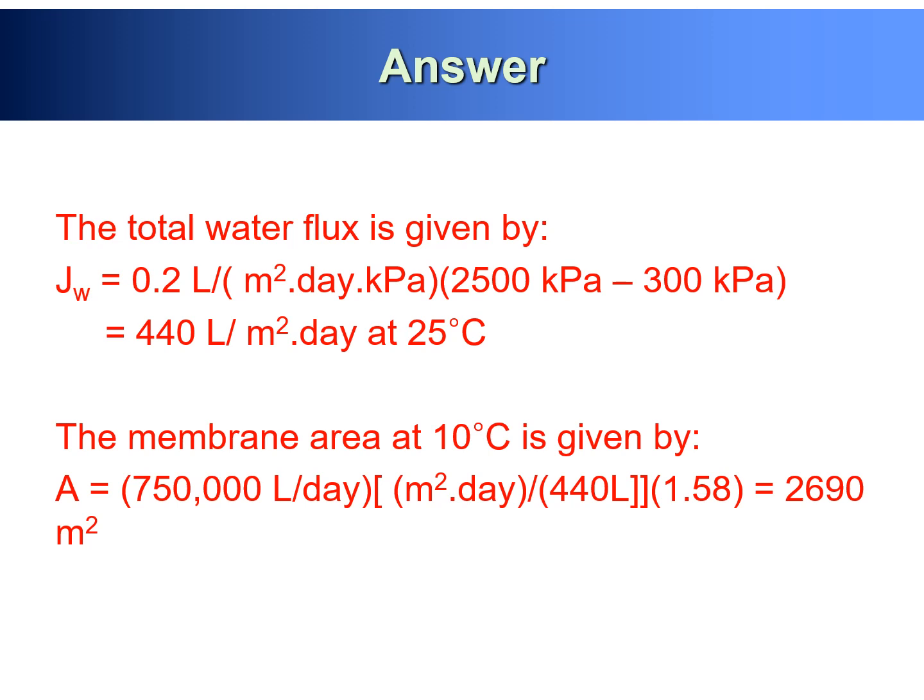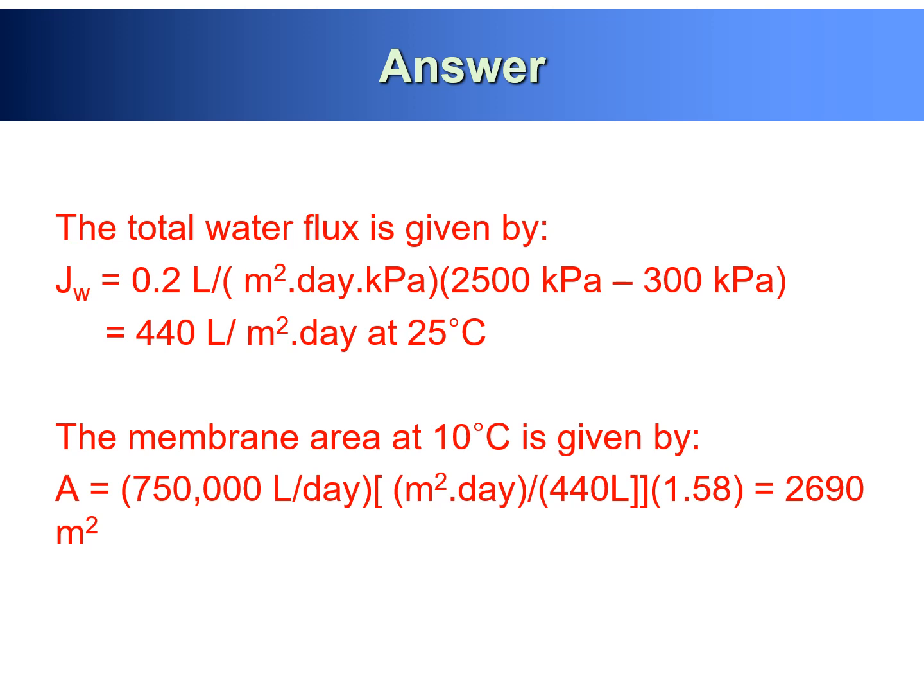So you will produce a water flux of 440 liters per square meter of membrane per day at 25 degrees. So in the question, what's the membrane area at 10 degrees?